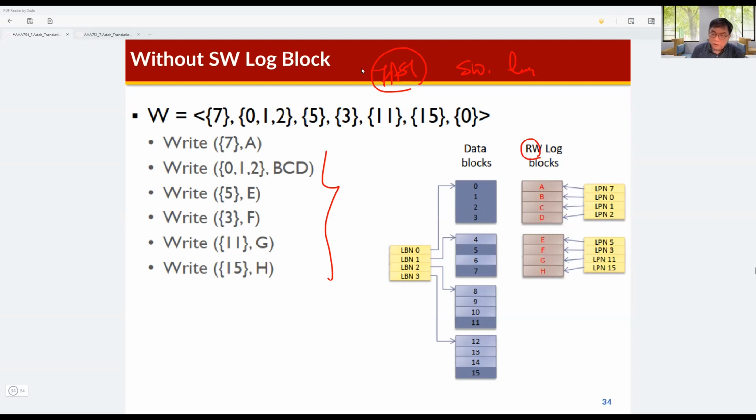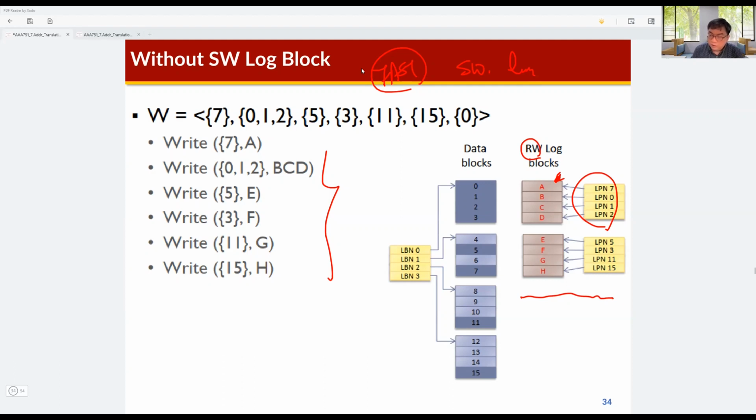So we can apply the page level mapping for these random write log blocks, and we assume that the logical page numbers are assigned to the pages of these random write log blocks. As you can see, there are two random write log blocks.